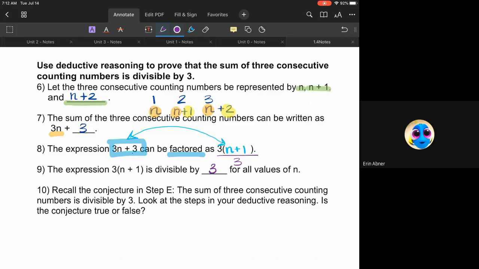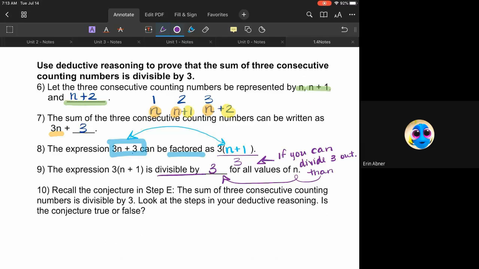Okay, so dividing 3 out is my little side note. Then it is divisible by 3.